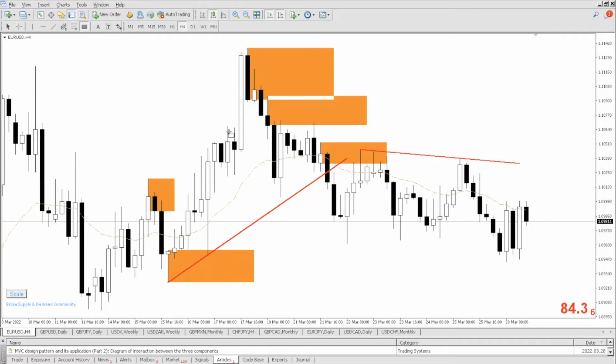And then we have another area here. This one here, if you attended the previous sessions, this one is called a CP, a continuous pattern. All right. So usually for this, I would have set my limit order here, and then I took a loss in this area.